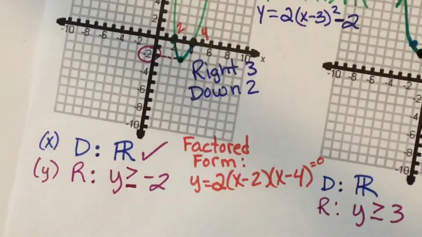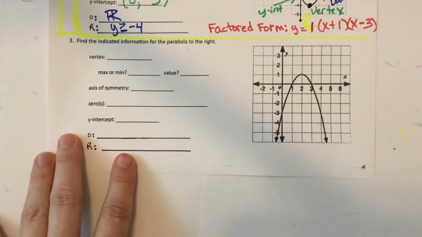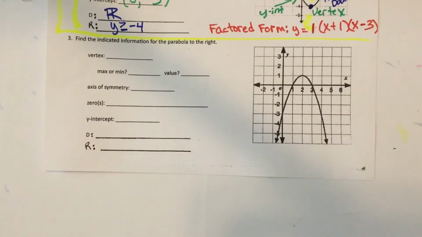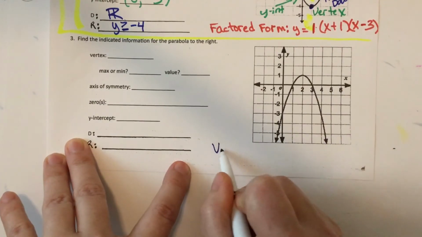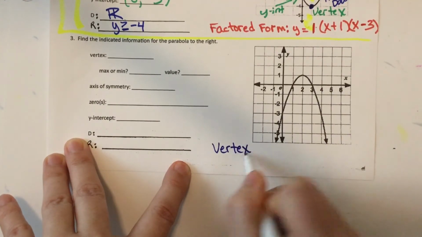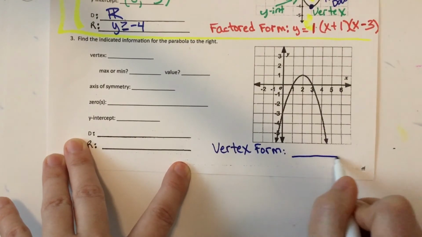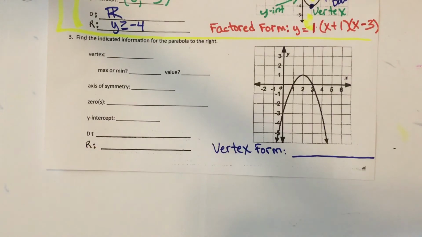Okay, so what I want you to do for me is this third problem on this paper here. So I'm going to have you practice vertex form again. And I'm going to have you practice the new thing, factored form.